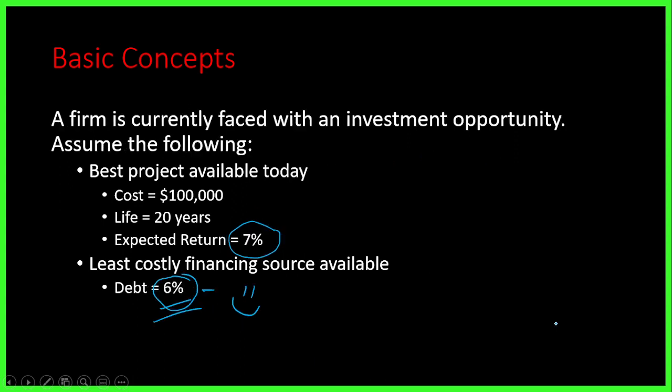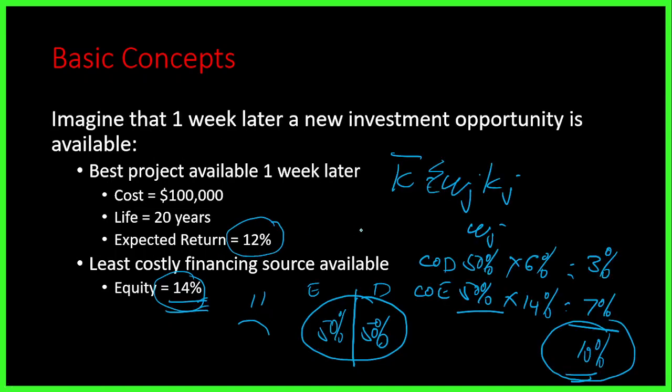So, going back in our previous slide, instead of using 6%, what will happen if you use 10%? Are you still going to accept this 7%? The answer is no, because it's now lower than your weighted average cost of capital. What about this? What if you use 10% instead of this 14%? You're going to accept this because 12% is higher than 10%.